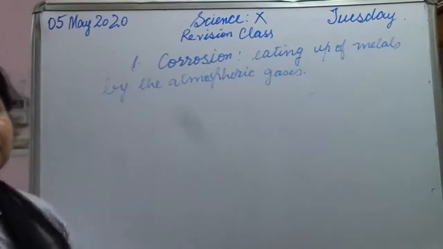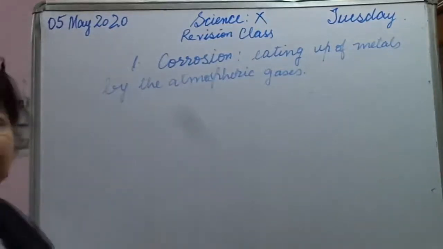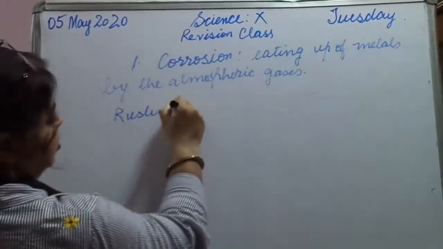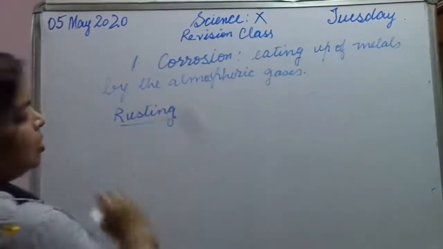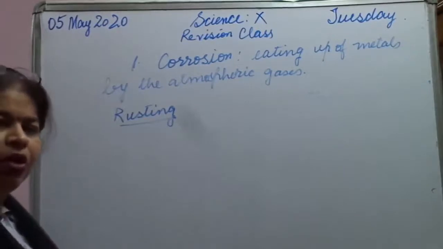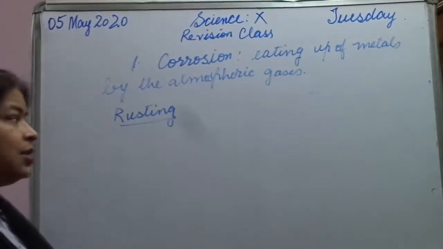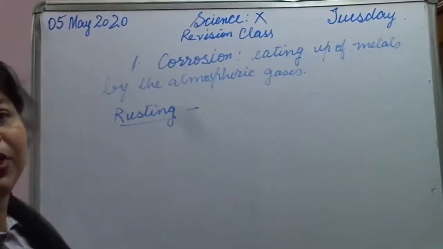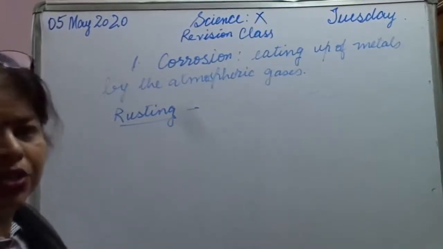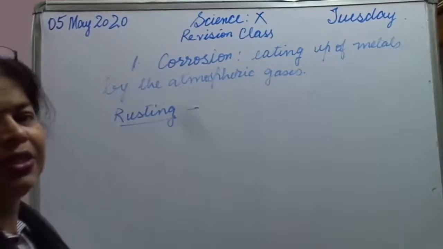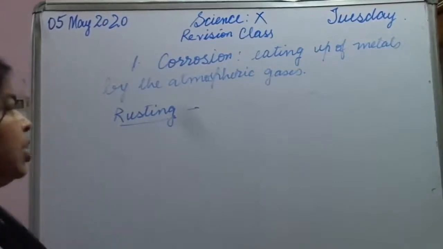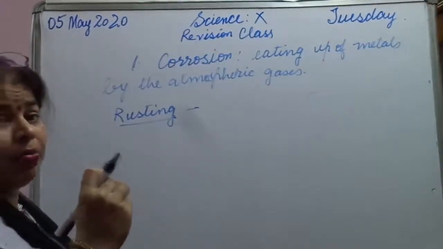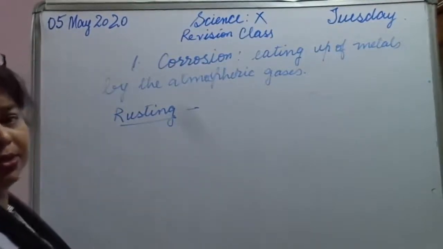Now the most common example of corrosion is rusting. Very important. Rusting is one of the phenomena of corrosion. In this, an iron object reacts with atmospheric moisture, present in gaseous or vapor form, and forms a brown colored, either powdery or flaky substance.